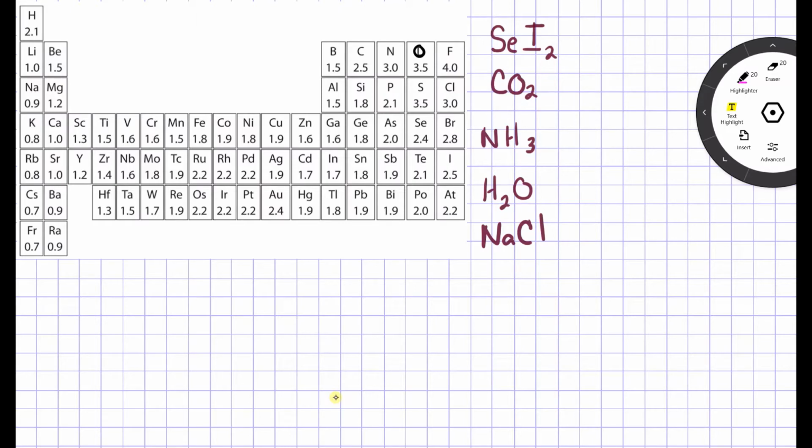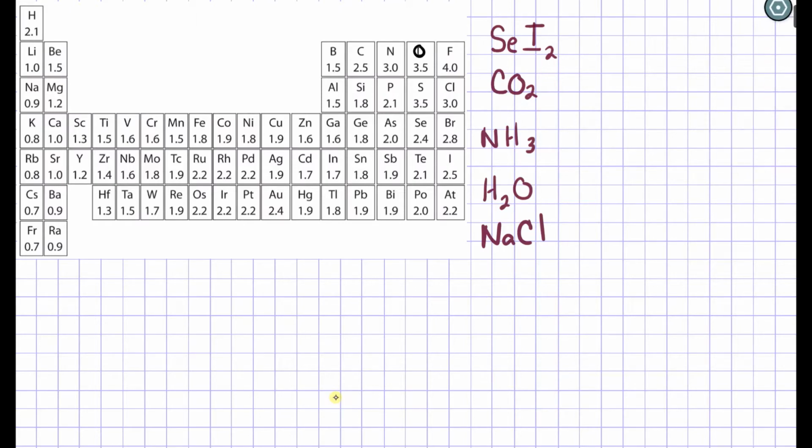The first thing that we need to know, and this changed a little bit from what was said in class, is that I've updated the old notes, and this will make it easier so you don't have to remember quite as much going forward. The items that we have are nonpolar, and in order to be considered nonpolar, we're going to have an electronegativity difference of 0 to 0.4.